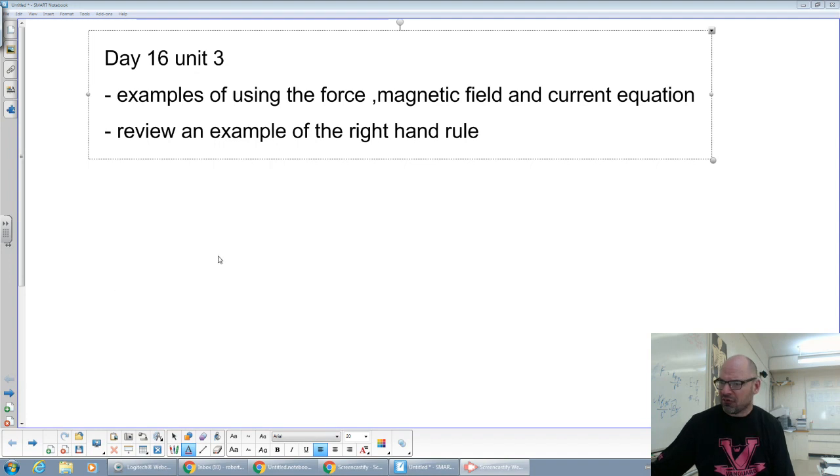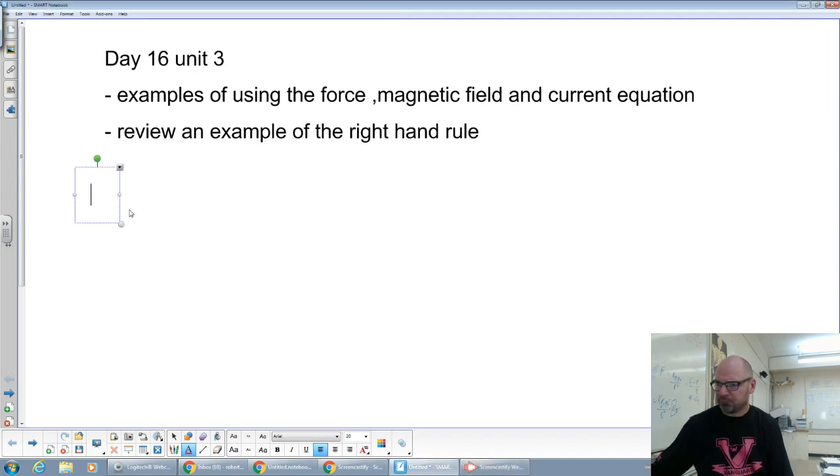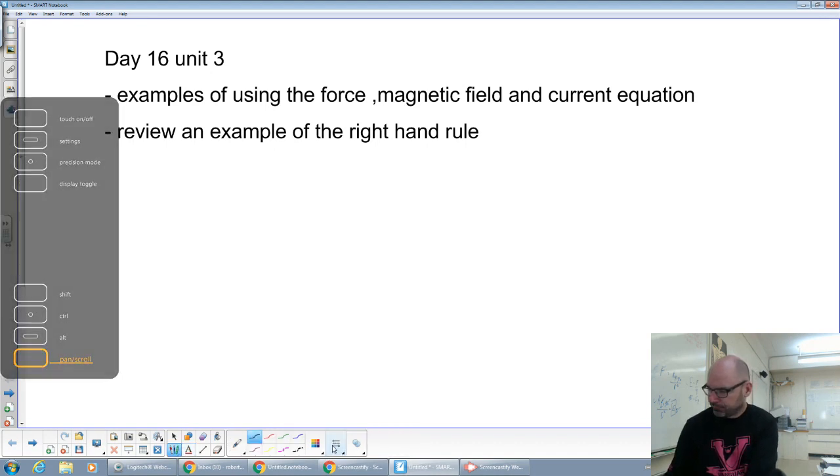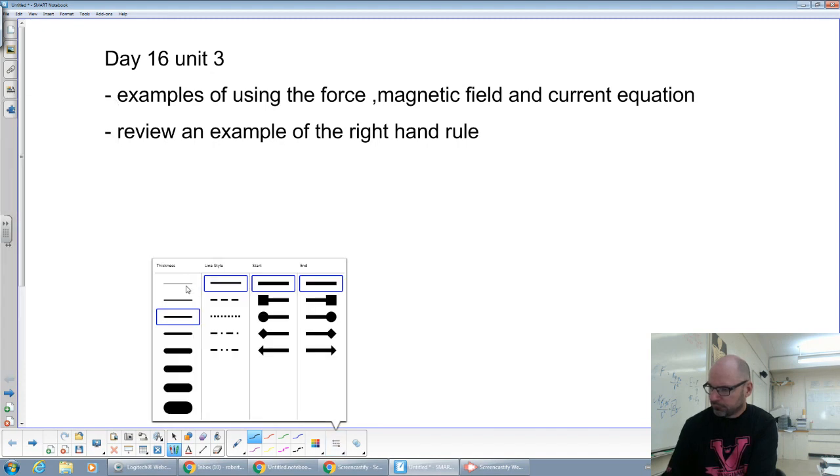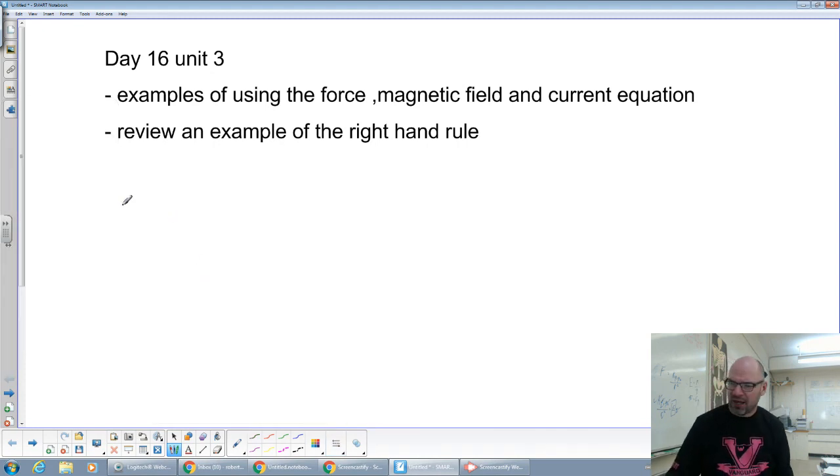Okay, so the first thing is just to remind ourselves of the equation that we had for force. Let's actually use the marker here. If you have a current carrying wire and a magnetic field, it will produce a force on that wire, or push that wire with a force.